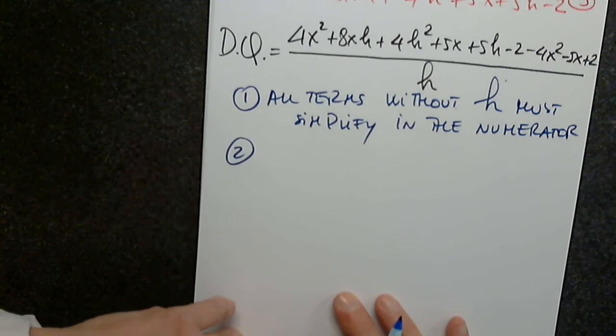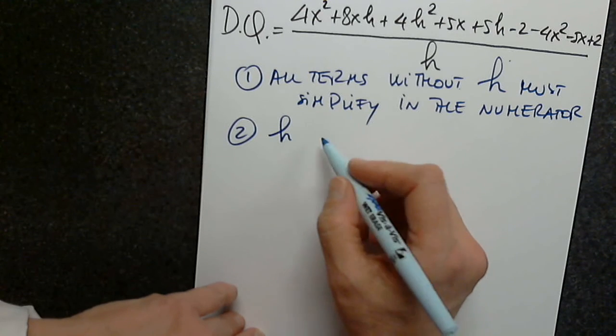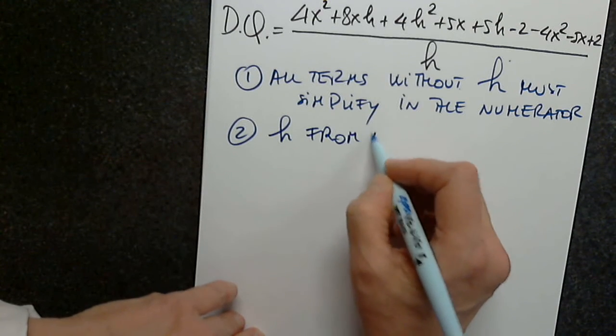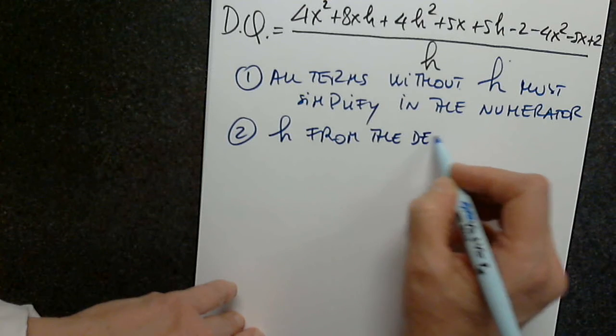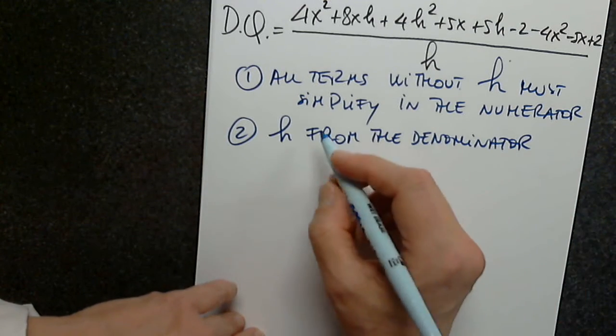Step number two, in this particular order, little h from the denominator must simplify.